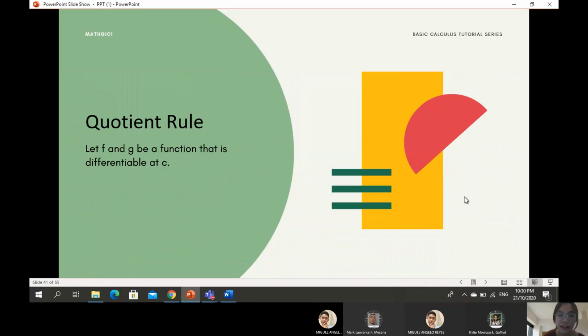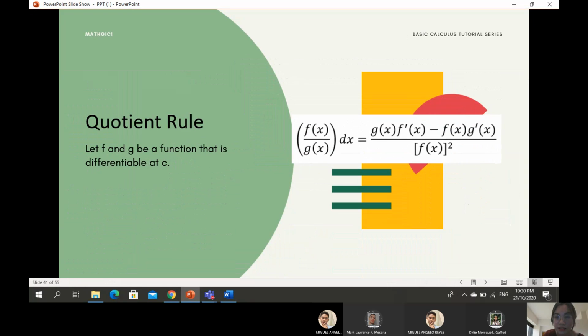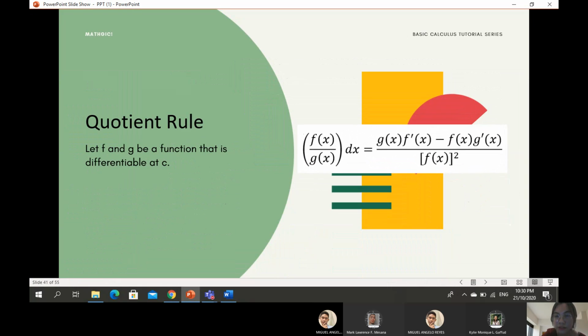The quotient rule. Let f and g be a function that is differentiable at c. So this is the equation that we are going to follow and use.